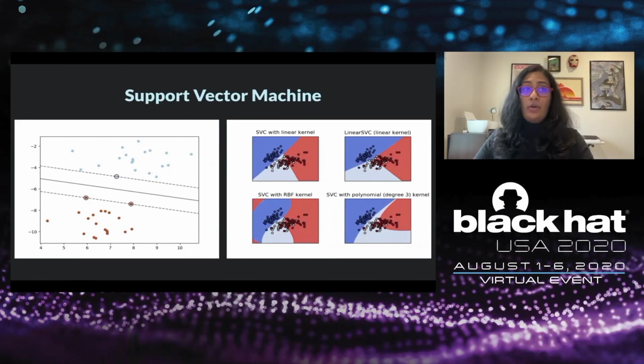As you can see in the plot on the left, the objective is to maximize the distance between the nearest data point of either class and the hyperplane that separates it. Right? For us, the hyperplane is not linear, but it was an RBF kernel, radial basis function. You can see the decision boundaries of different kernels in the second plot on the right.